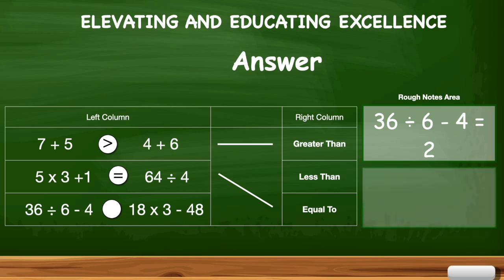Now let's draw another rough box, and in that rough box, we're going to write 18 times 3 minus 48, which equals 6. So we have 2 and we have 6. 2 is smaller, less than 6, so therefore we know the answer is less than. So we're going to draw that sign, and then we're going to draw a line from the left column to the right column representing less than.